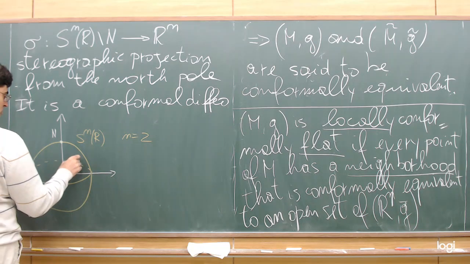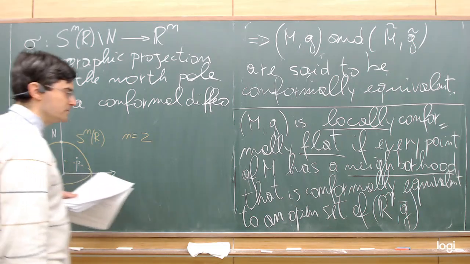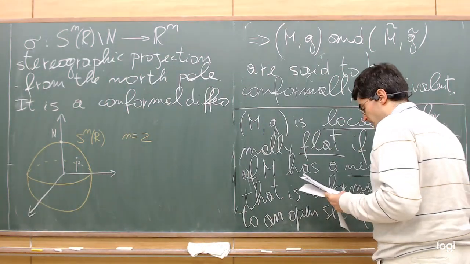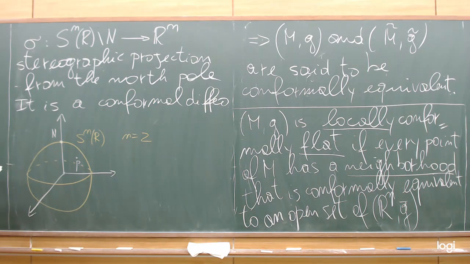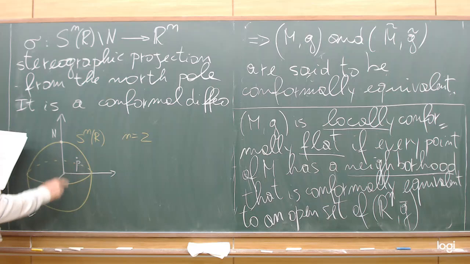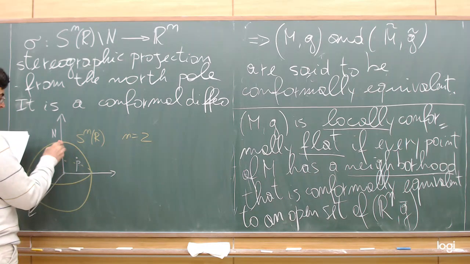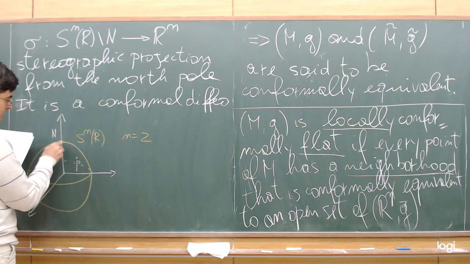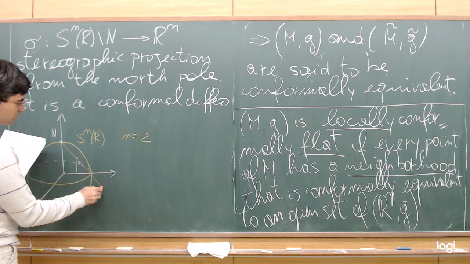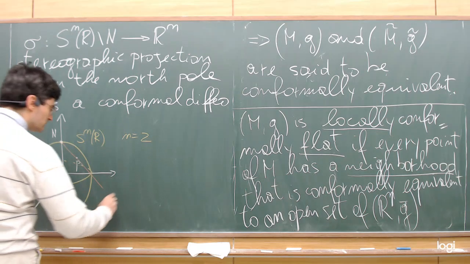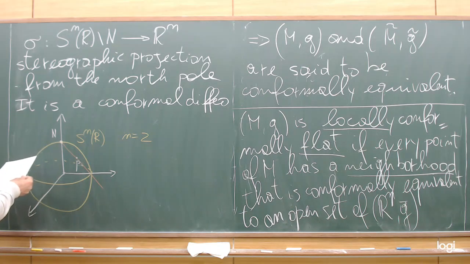And let's suppose that this is a point P of the sphere. Then the stereographic projection sends the point P to the intersection of the line joining N to P and the horizontal plane R2.